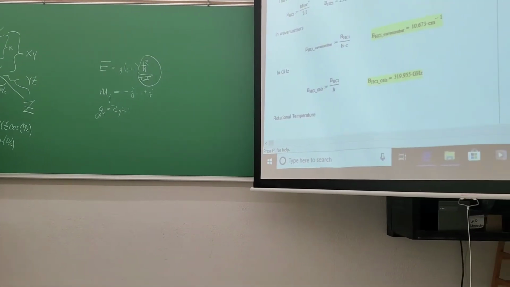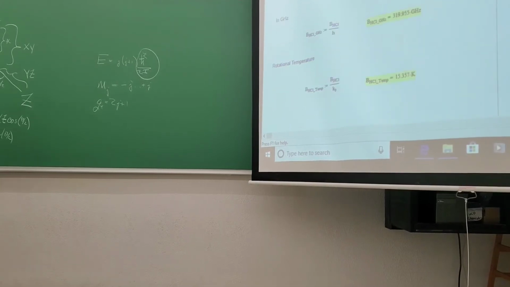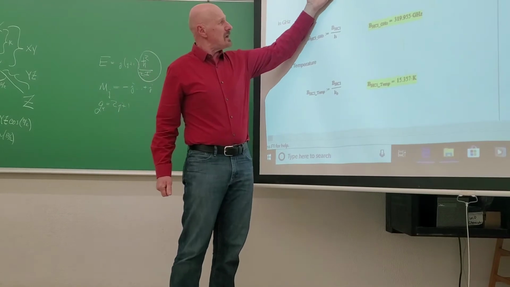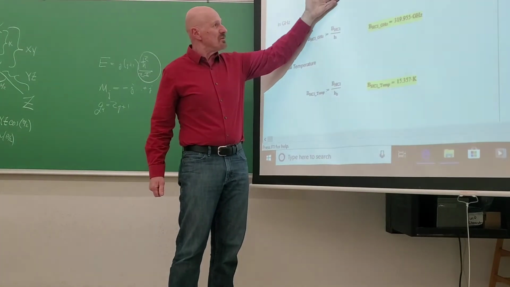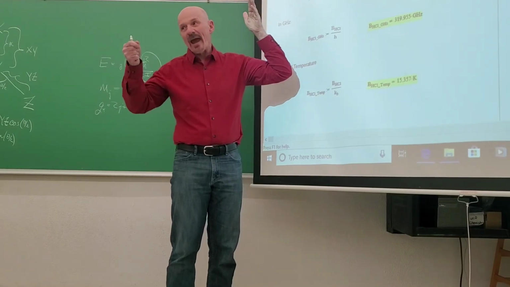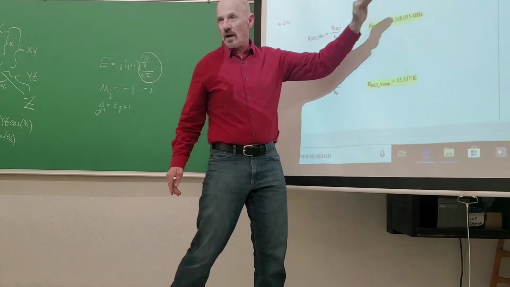Rotational constants are not necessarily reported that way. They can be reported in several different ways. If I take the joules divided by Planck's constant and the speed of light, joules divided by hc, keep this in mind, we'll need this later, gives you wave numbers.